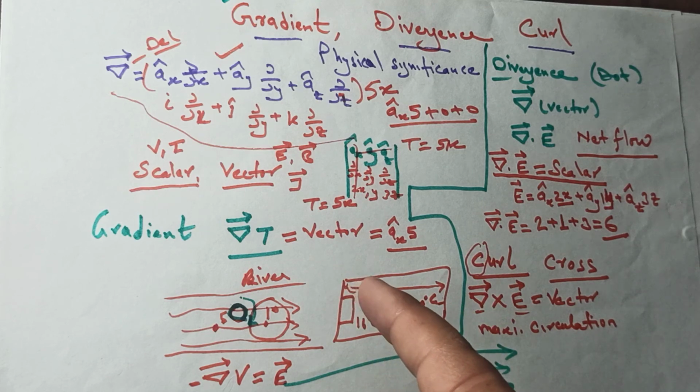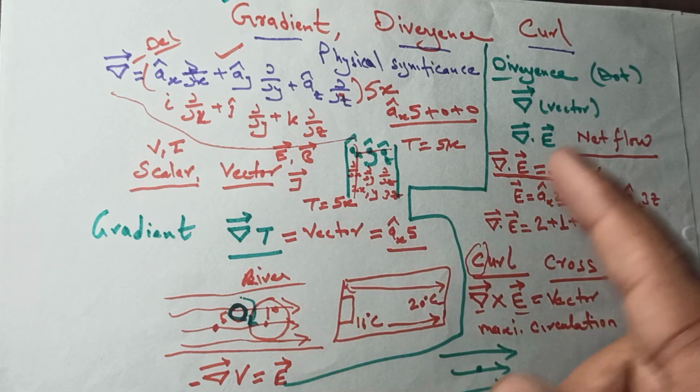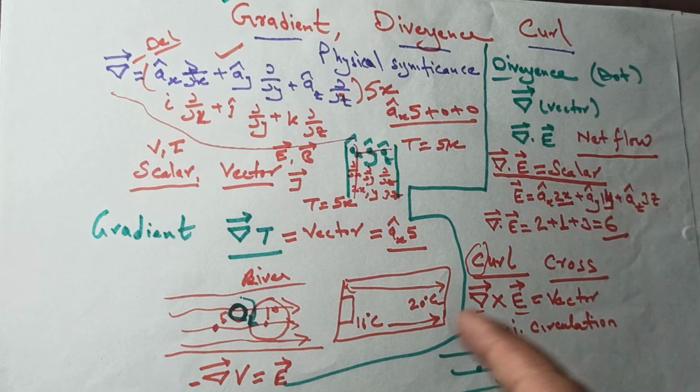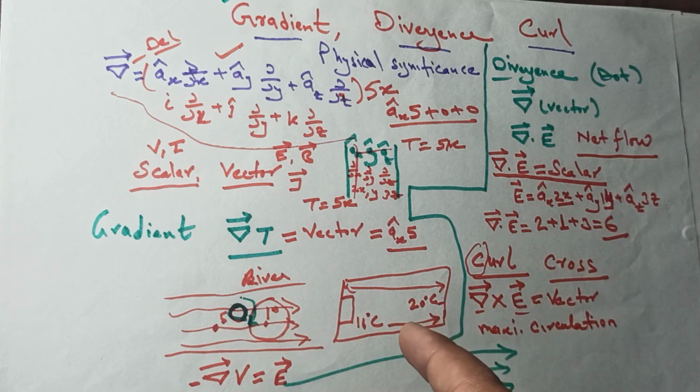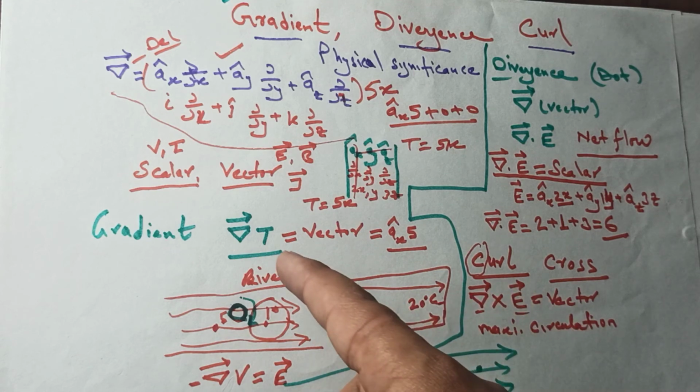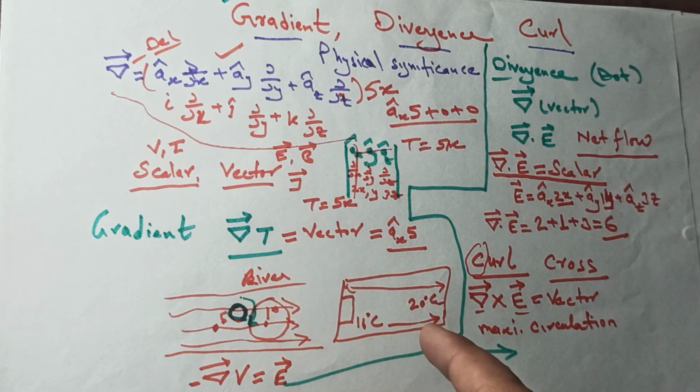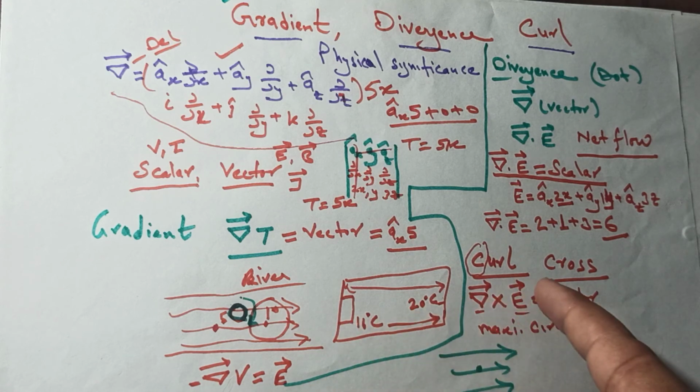You can find out in which direction the temperature in the room is increasing. Similarly, if you take the gradient of the voltage, that will be equal to the electric field. The minus sign signifies that the maximum rate of decrease of the voltage is equal to the electric field.